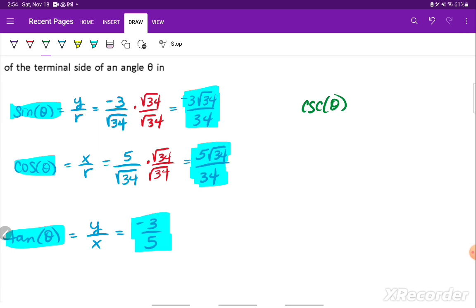And remember, I said that when you flip it, you want to do the one before you rationalize. Otherwise, you're going to have to rationalize a second time and simplify. r over y will be negative square root of 34 over 3.